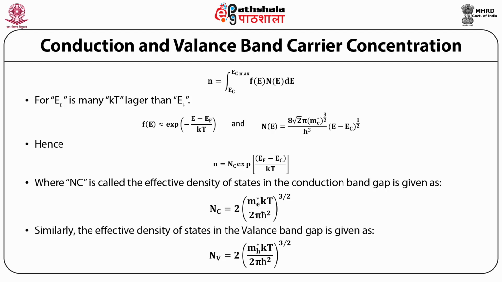Similarly, the density of holes can be written as p equal to Nv exponential of (Ev minus EF) by kT, where Nv is called the effective density of states in the valence band, given by Nv equal to 2 (2 pi m_h star kT by h square) to the power of 3 by 2.